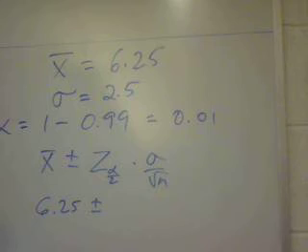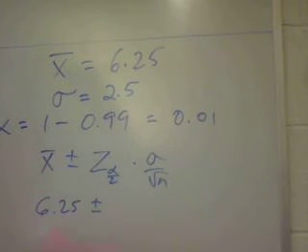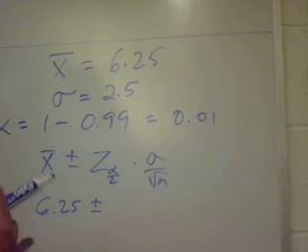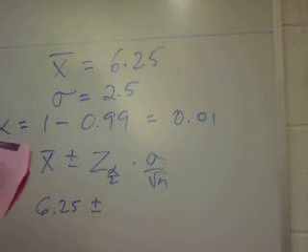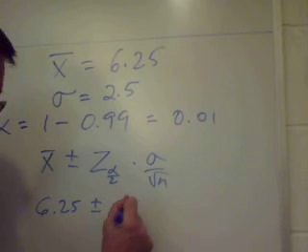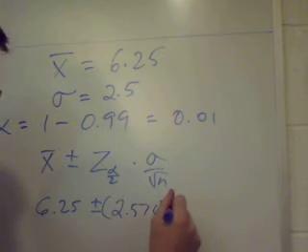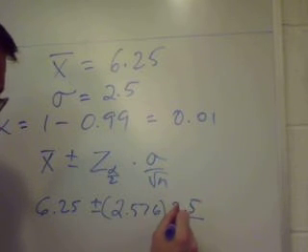And so alpha, this time, is 0.01, so alpha over 2 is 0.005. So you go to the narrow box under table 4 to find z sub 0.005, which is 2.576, times sigma, which is 2.5, over the square root of 6.